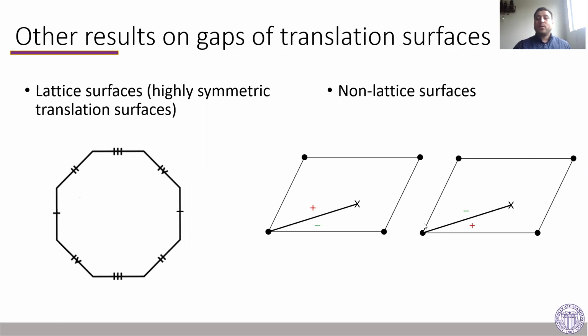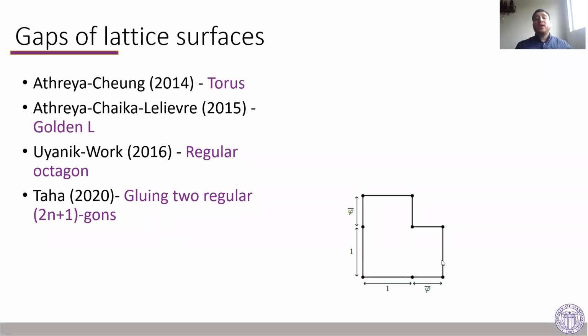The first explicit gap distribution for a translation surface was given by Athreya and Chaika in 2014, where they considered the torus. What's really interesting about their result is that they recover a result from the 70s by R. Hall, where he considered gaps of Farey fractions.